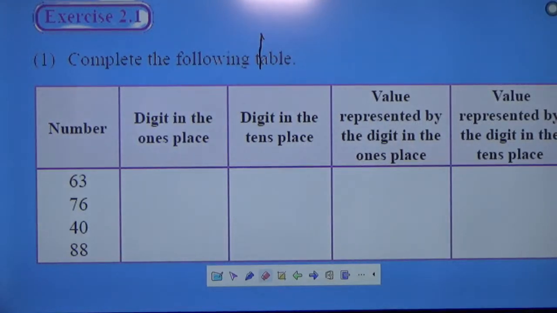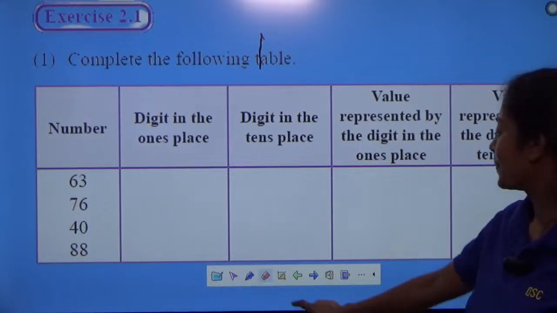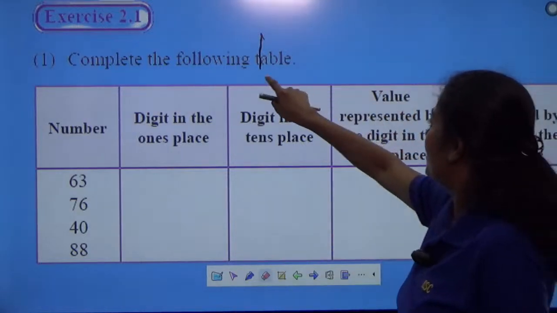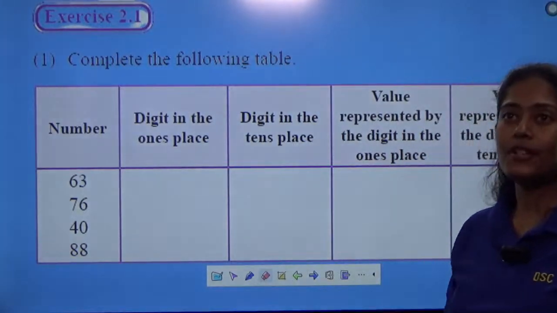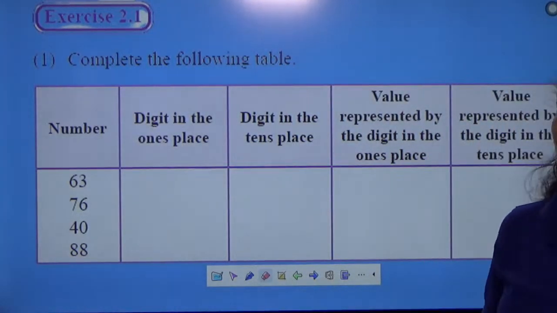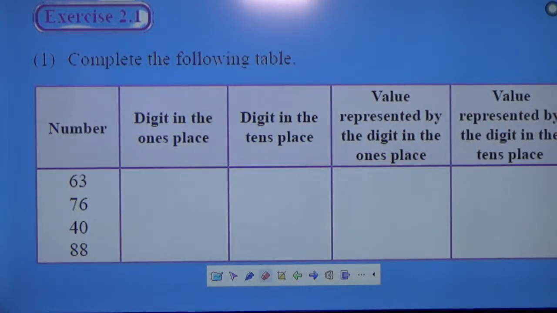This is the exercise you have in the textbook, right? Do you have your textbook? Or you can refer to this table. Complete the following table. There are 4 numbers: 63, 76, 40, 88.